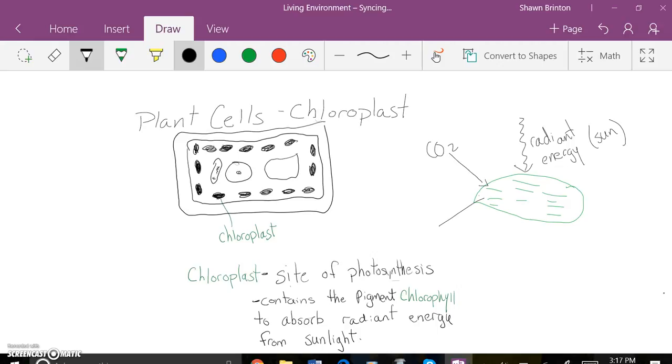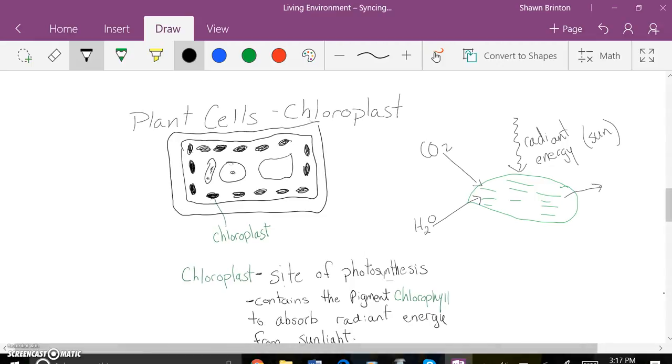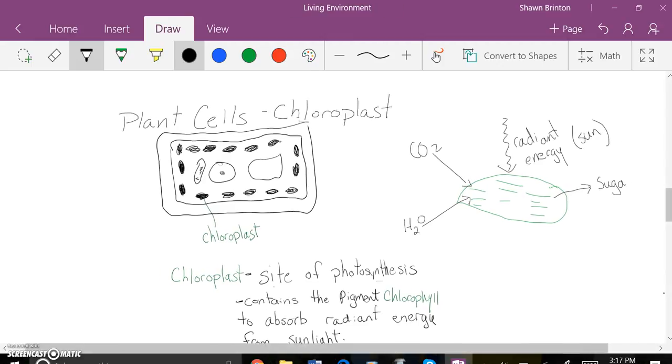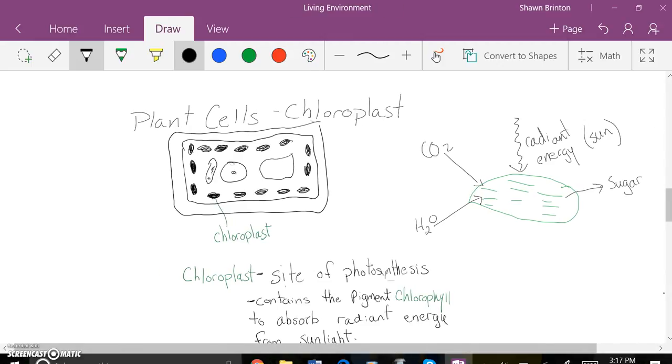We also have water, H2O, coming in there as well. And then what comes out is sugar, sugar and oxygen, and also some water too. And that basically is photosynthesis.